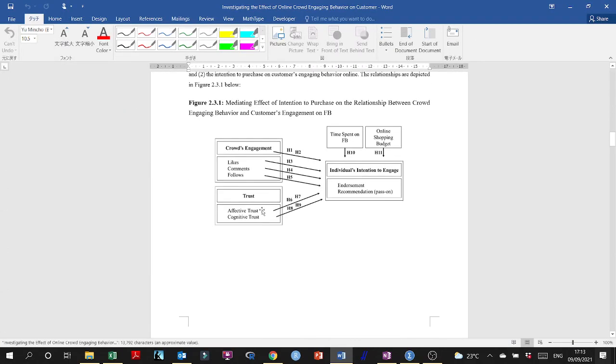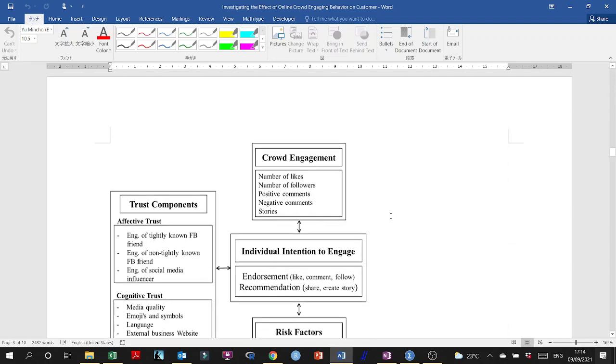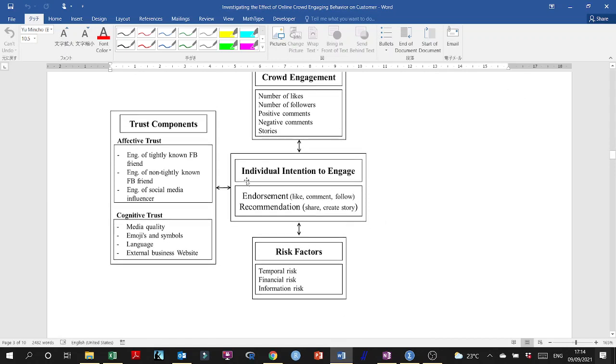What we thought before running the analysis could be a valid model was this: we're going to study the intention of an individual to engage, and we're going to see the effect of crowd engagement behavior on it, and the effect of the trust components, like affective trust and cognitive trust, and then the risk factors. So this is what we were thinking: 4 different latent variables.